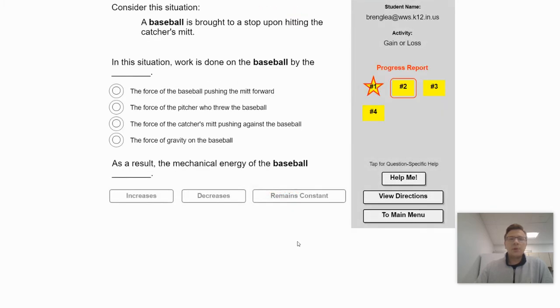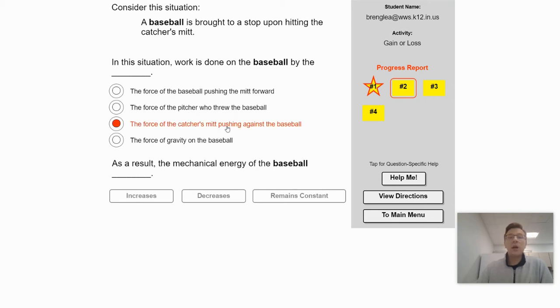Okay, it says baseball is brought to a stop upon hitting a catcher's mitt. In this situation, work is done on the baseball by the force of the baseball pushing the mitt forward? No, that would be the other way around; it would be doing work on the mitt. The force of the pitcher who threw the baseball initially does work on the baseball, but that's not what this situation is about. The force of the catcher's mitt pushing against the baseball?